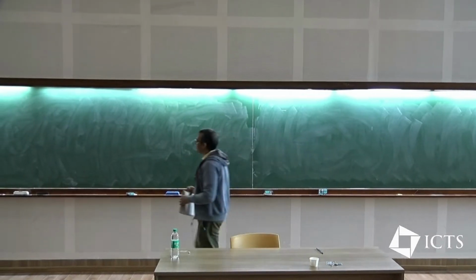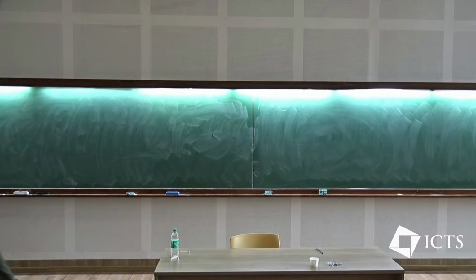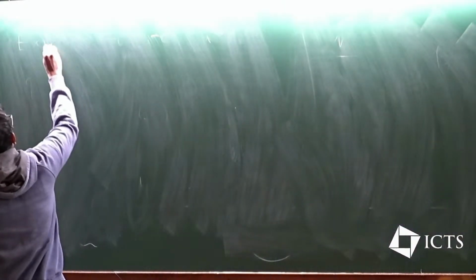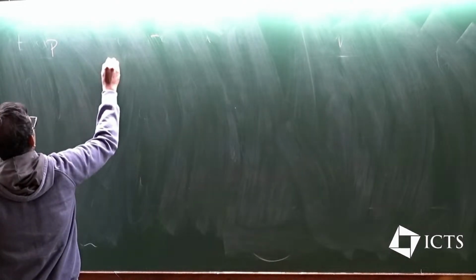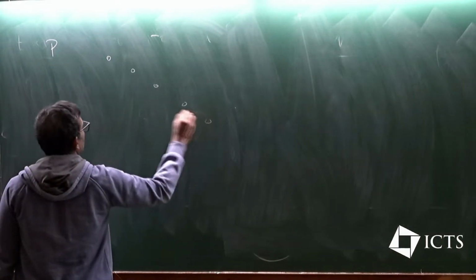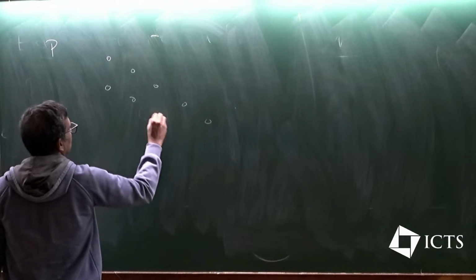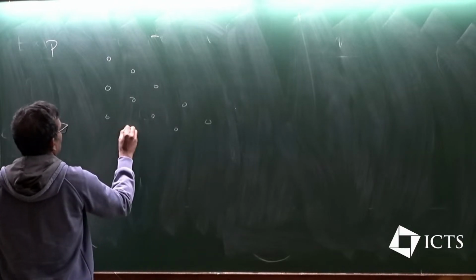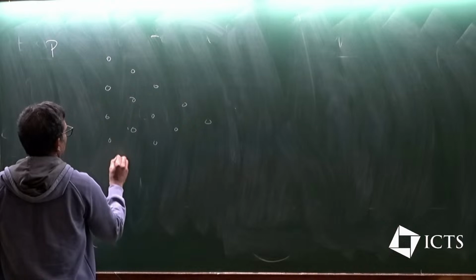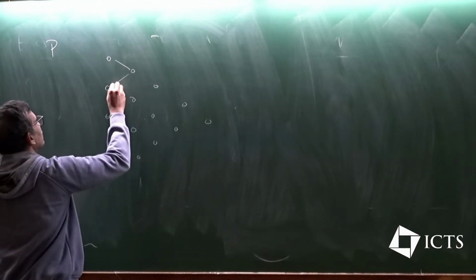So we had this fundamental poset, right? And it looks something like this with the Hasse diagram.